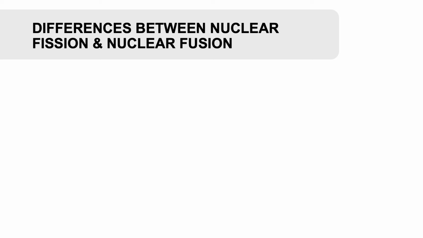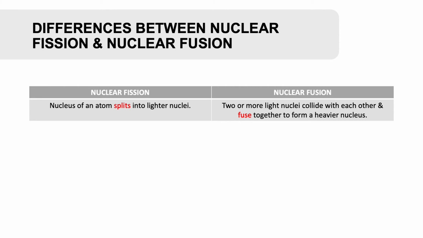Now that we have learned about nuclear fission and nuclear fusion, let us look at the differences between nuclear fission and nuclear fusion. The most obvious difference is that in nuclear fission, the nucleus of an atom splits into lighter nuclei, while in nuclear fusion, 2 or more light nuclei collide with each other and fuse together to form a heavier nucleus.